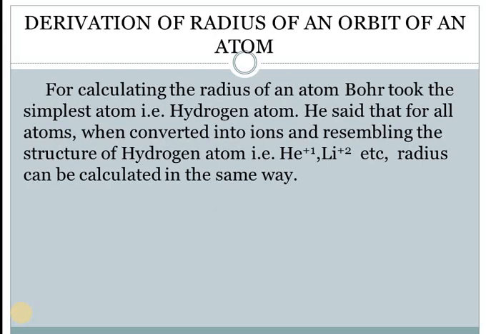Now, this derivation is really very important from your exam point of view. Definitely, either in your home exams or in the board exams, it comes: derive the radius of an orbit of an atom. So you have to practice it many times so that you don't make any mistakes, because even one single step wrong, and all the equations will go wrong and you will lose marks.